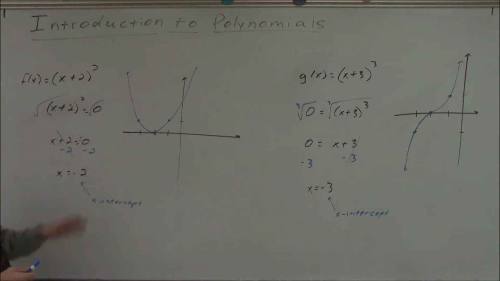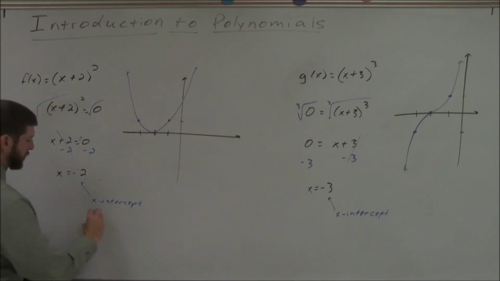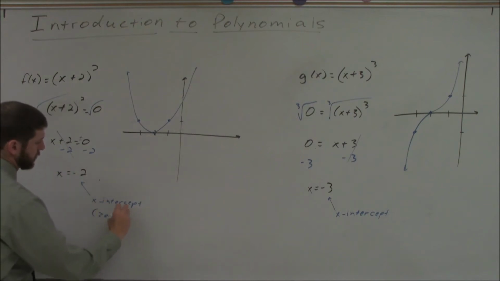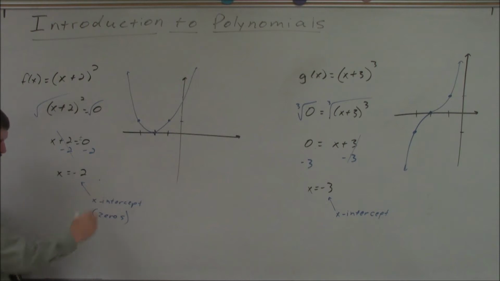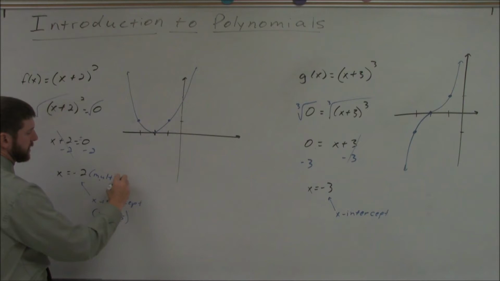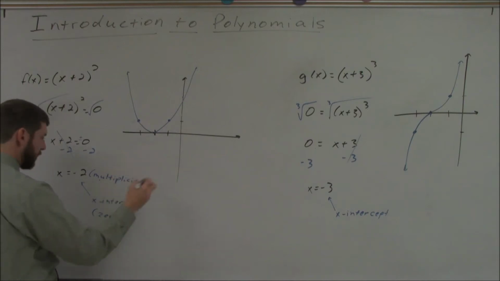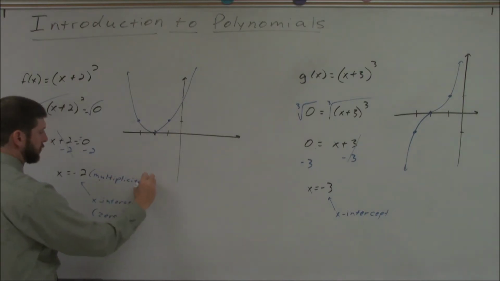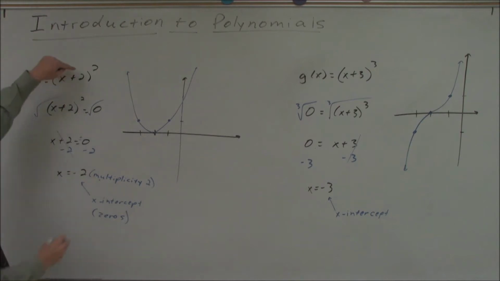So what we would say is, since that's the same x-intercept, or zero, that's another word we call these, zeros, these zeros, when they occur multiple times, we write multiplicity of 2 because it happened 2 times.